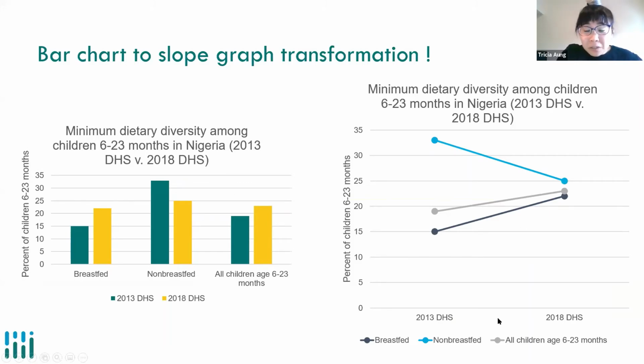You'll notice on the right, the 2 different time periods represent both of the sides, and then each line represents one of these categories. This is a great way, and it's very easy to do in Excel or another type of program. Again, this is a slope graph.